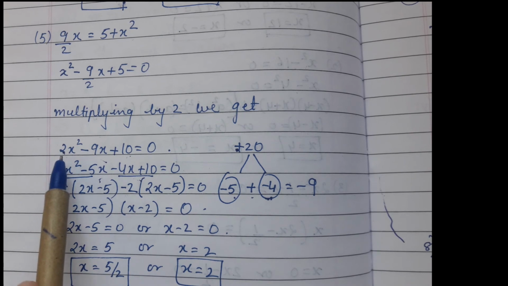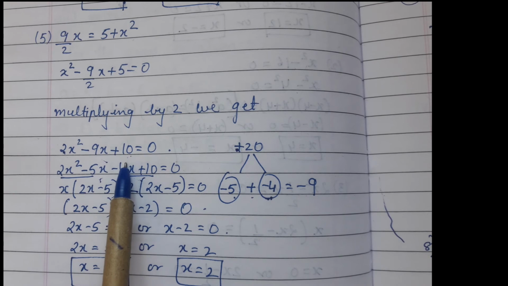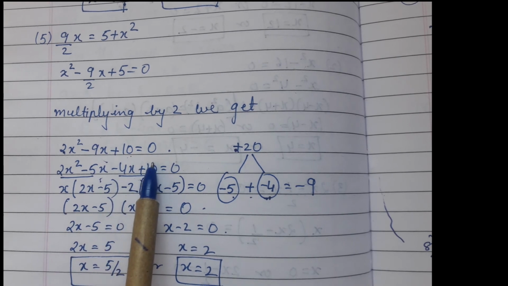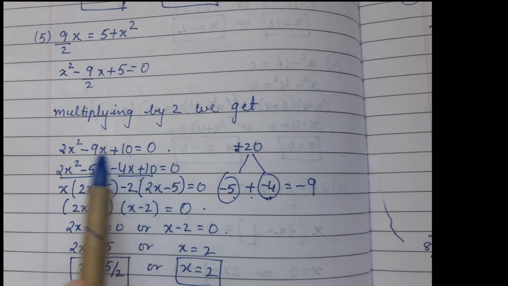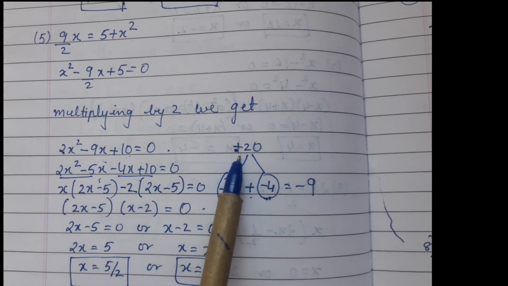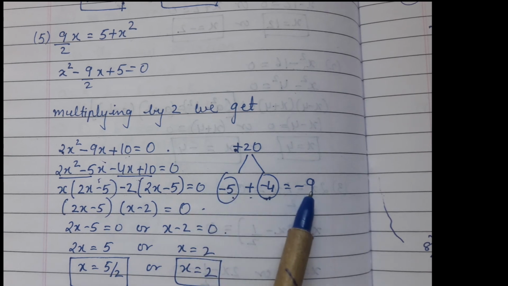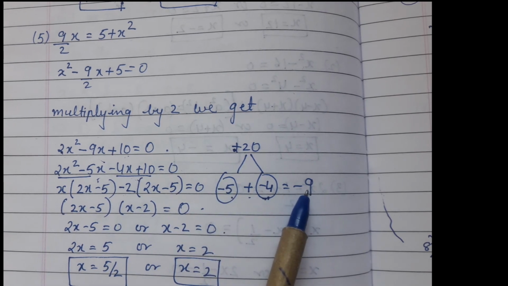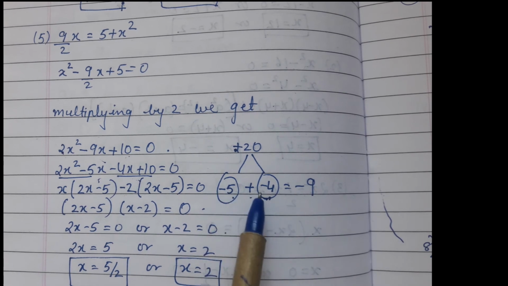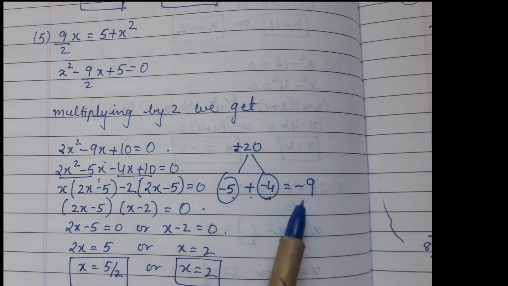So we get 2x square minus 9x plus 10 is equals to 0. Now same way, first term into last term, that is plus 20. Okay, and the addition should be minus 9, middle term. So minus 5 and minus 4. Multiplication is plus 20, addition is minus 9.